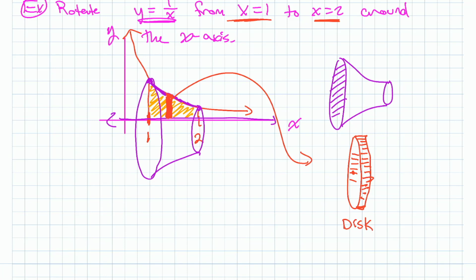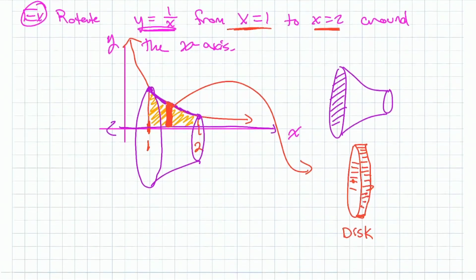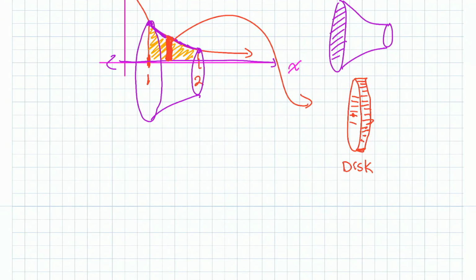A disc is technically not a 3D shape, but you call it a disc, which is why this is going to be called the disc method, except I spelled it like compact disc instead of actual disc. The whole volume formula is based off of this.